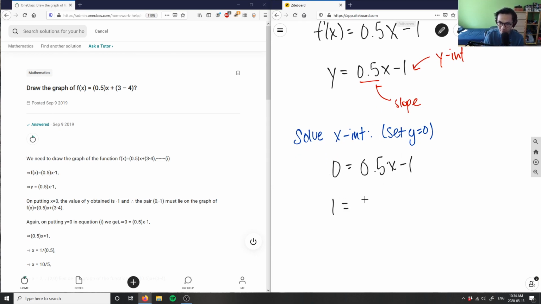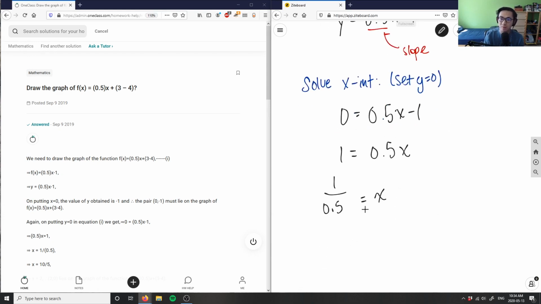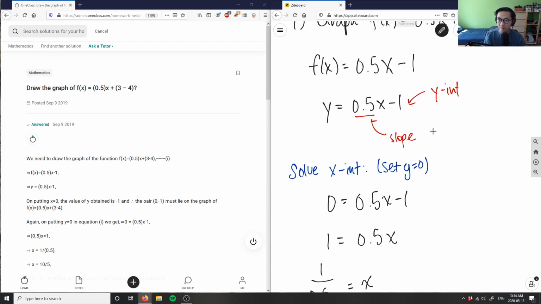So 1 equals 0.5x, and I can divide both sides by 0.5. So 1 over 0.5 equals x, therefore x is going to equal 2. This is going to be our x-intercept for our graph. I'm not going to box this because it isn't our answer yet, but we have our x-intercept as well: x equals 2.